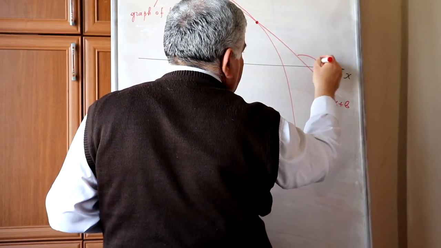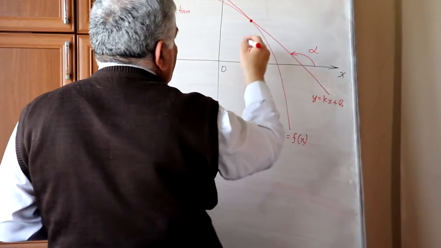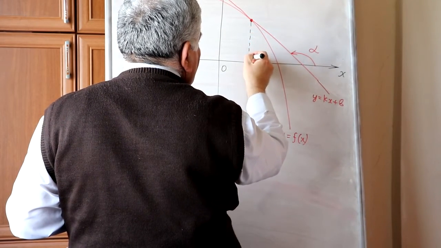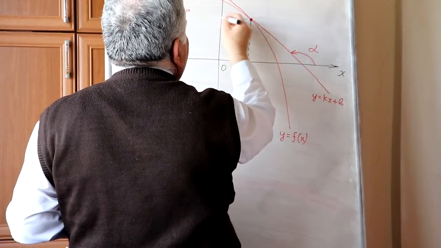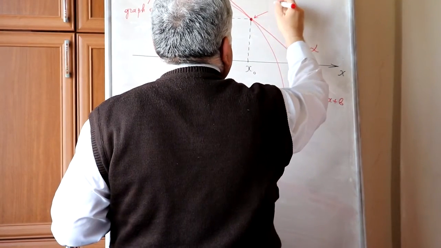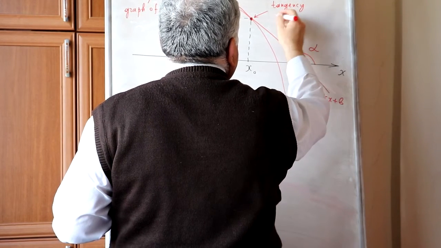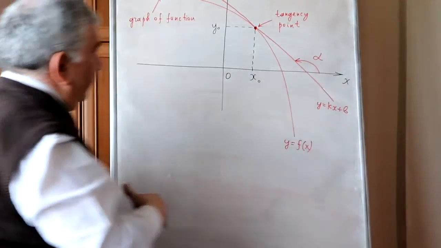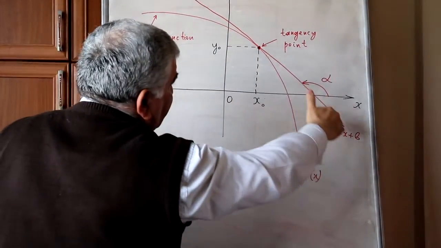It is slope angle alpha, and it is abscissa of tangent point, and it is ordinate of tangent point. Tangent is straight line.